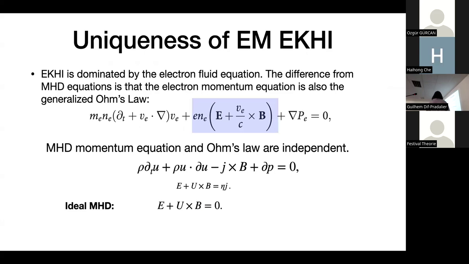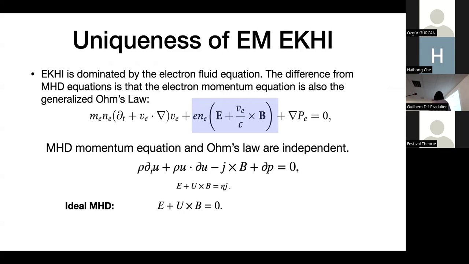So, mathematically, if we compare the electron dynamics to the MHD, we can see electron dynamics is dominated by the electron fluid equation. The difference from the MHD equation is that the electron momentum equation is also the generalized Ohm's law. If you recall the MHD equations, you usually have two independent equations.